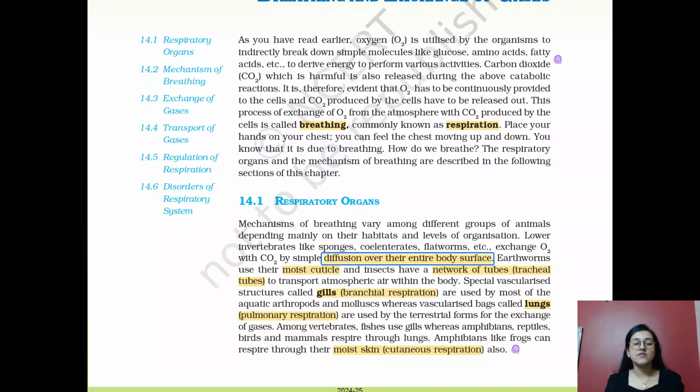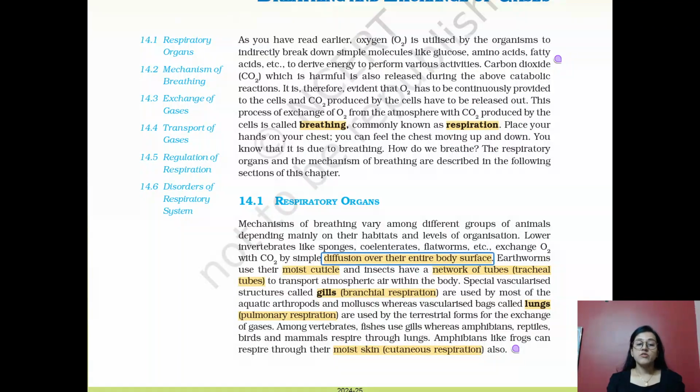Respiration through lungs is known as pulmonary respiration. Among vertebrates, fishes use gills, whereas amphibians, reptiles, birds and mammals respire through lungs. Amphibians like frogs can respire through their moist skin, which is known as cutaneous respiration.